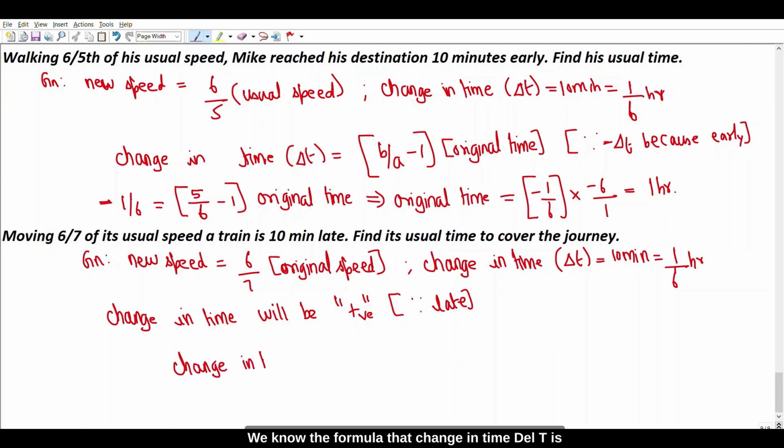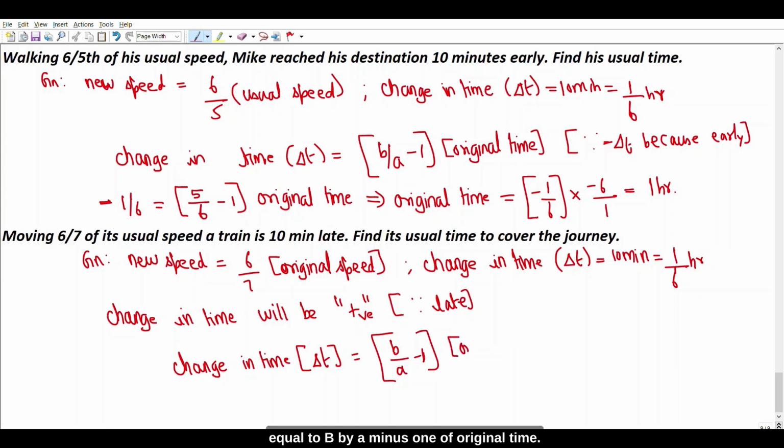Change in time del t is equal to b by a minus 1 of original time.